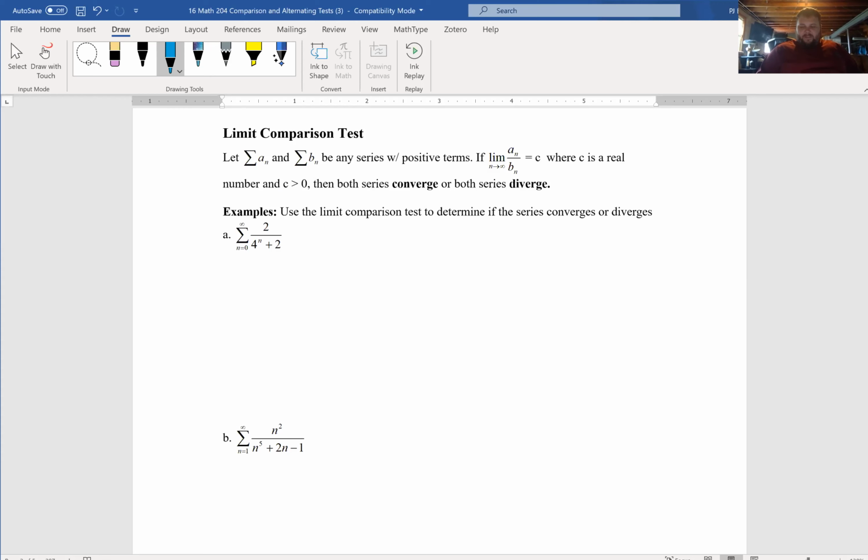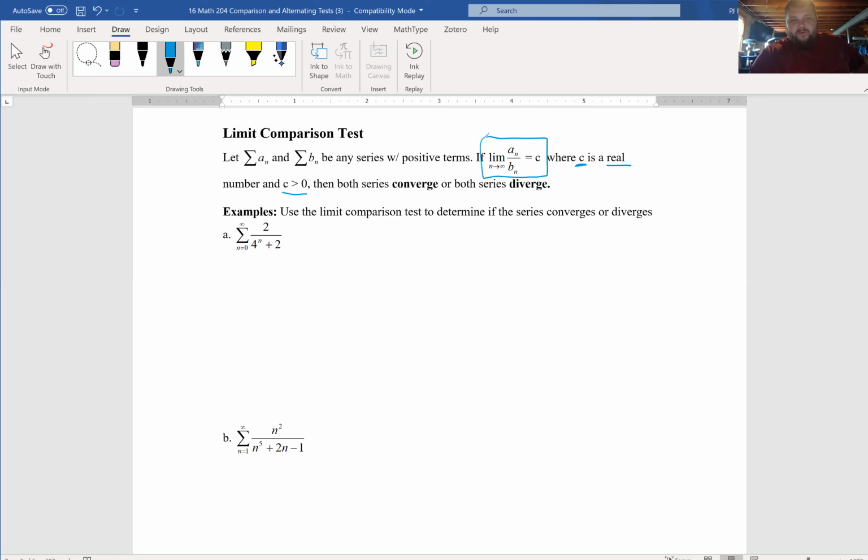But instead of doing this sum or guesswork with how the sum of A sub n compares to the sum of B sub n, we are now taking the limit of a_n over b_n, and if that limit returns some number c that is real and greater than 0, so basically a positive real number, then whatever we got for B sub n also happens for A sub n.